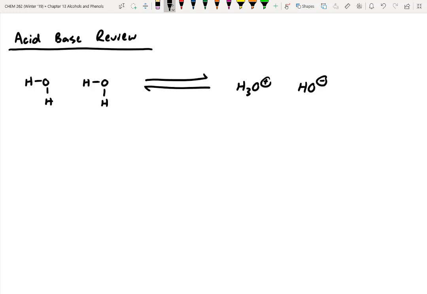Which side of the equilibrium do you think is going to be favored, the left or the right? The left side, absolutely, right? And the reason for that is, if you remember back to first term, we said that the pKa of water is 15.7. The pKa of the competing conjugate acid over here is negative 1.7.